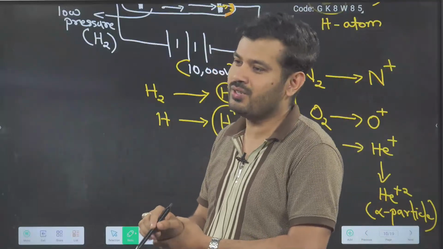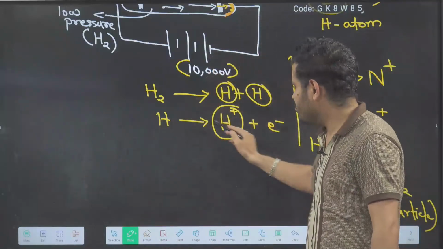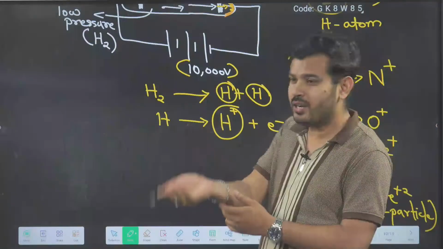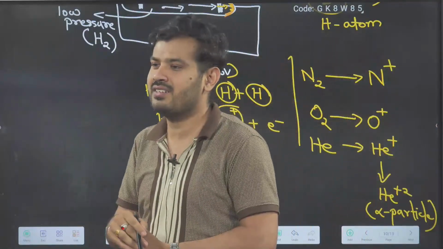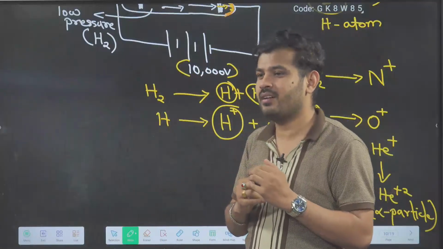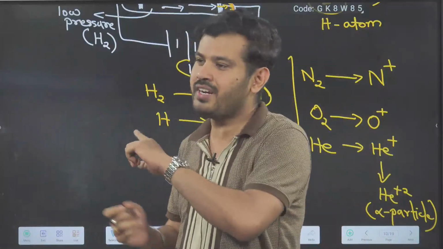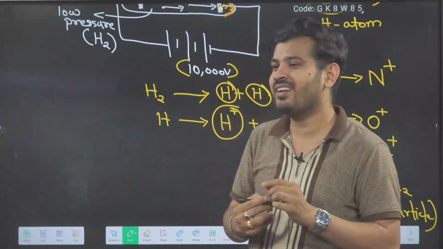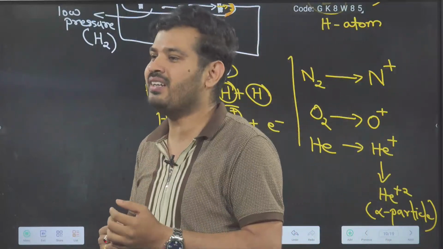Yes, it is true. H2 produces H plus, He produces He2 plus. So the type of ion is different when you take a different gas. That is true. But is it happening in the cathode experiment? In the cathode experiment, whatever gas you take inside, what is the negatively charged particle?